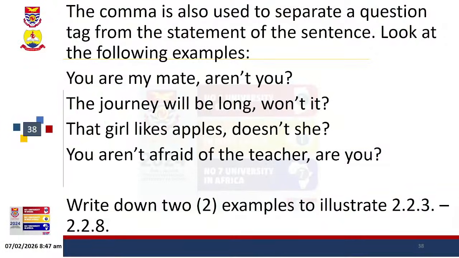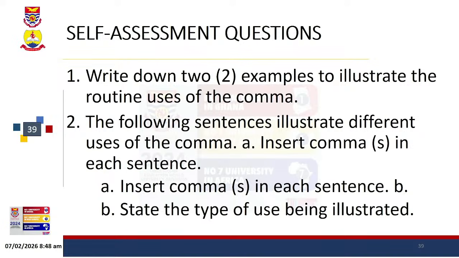So write down 2 examples to illustrate what we have talked about from 2.23 to 2.28. I mean, all that we have spoken about. Then we want to find out whether you'll be able to assess yourself. Write down 2 examples to illustrate the routine uses of the comma.